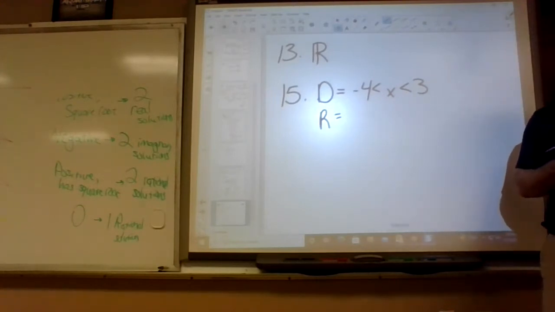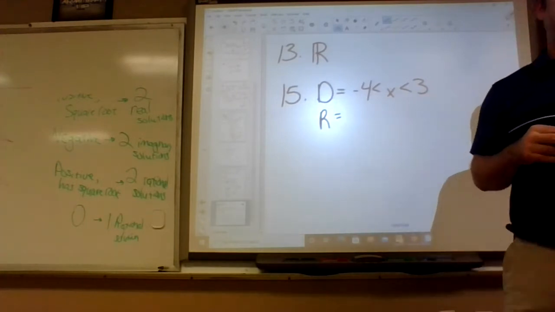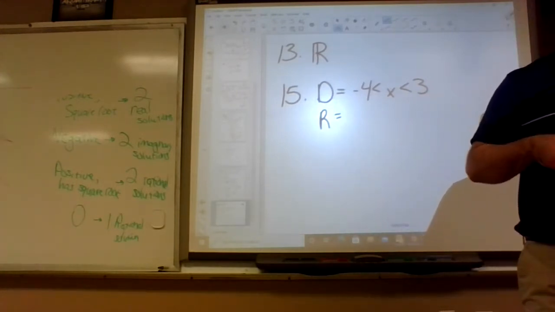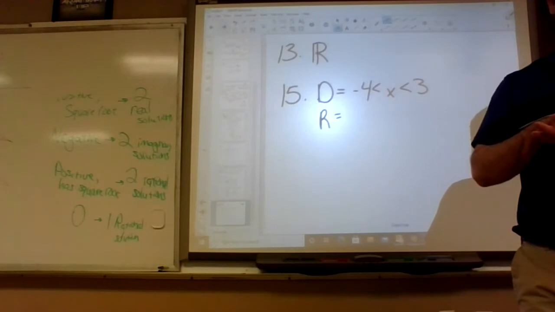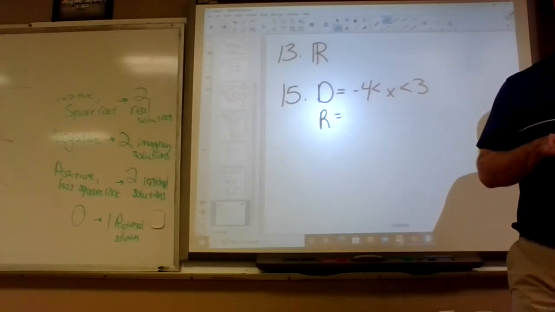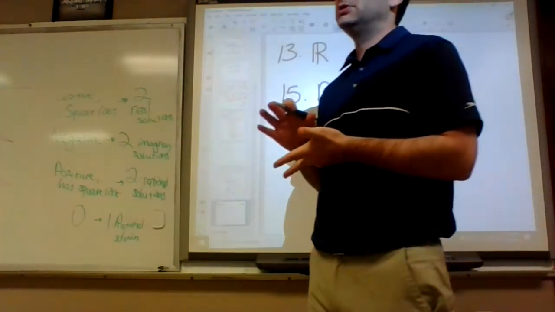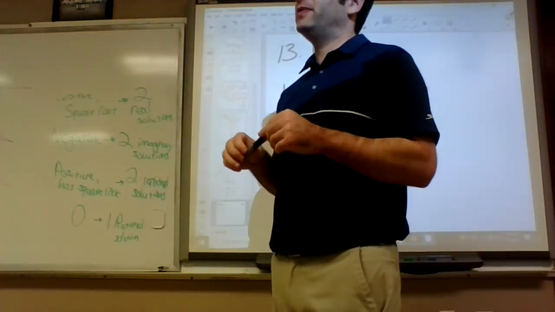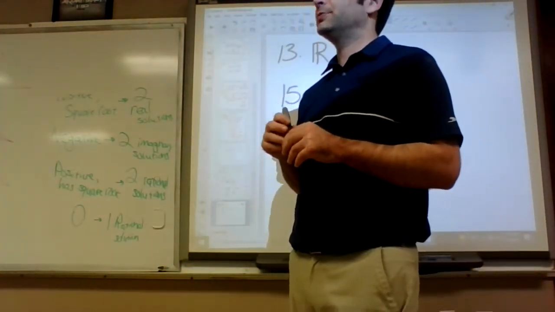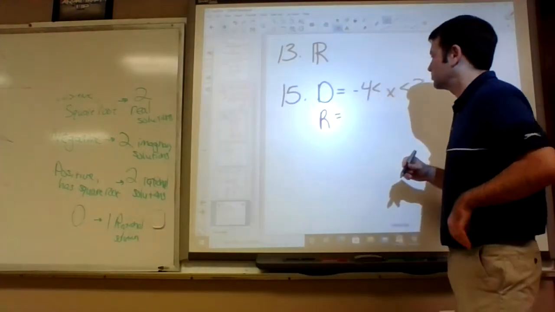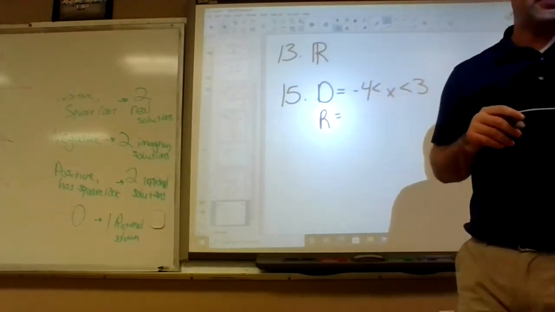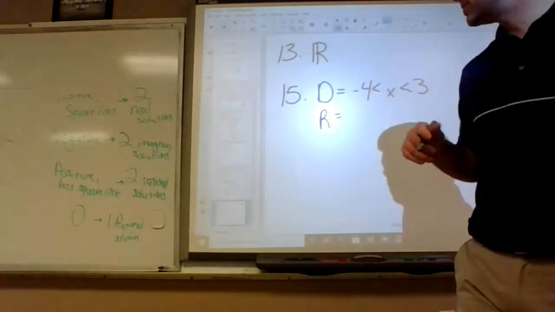Okay. Macy, why don't you help me with the y's then? So the y values go down and up, right? And there's a continuous set of points from the bottom to the top. What's the lowest y value that it goes to? It goes down 3.